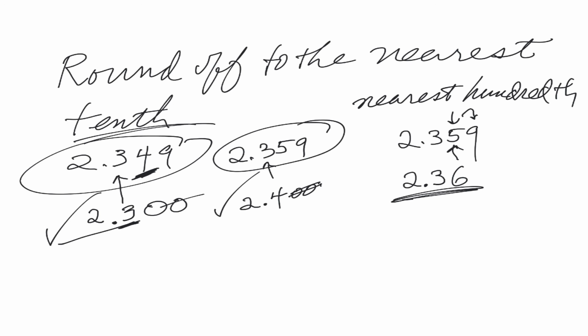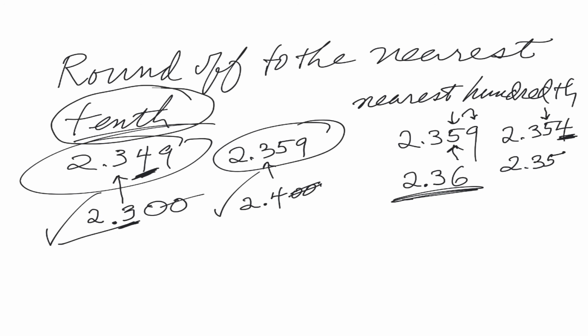And of course, if it was 2.354, first of all, the hundredth place is this, the hundredth place. The next number is less than 5, so therefore you just keep the 5. Okay? So in summary, when you do the round off, you go to the digit, the place where they're asking you to get the most significant place, as they call it, after which is all zeros.